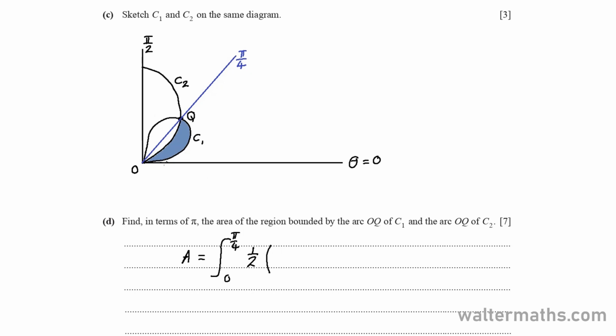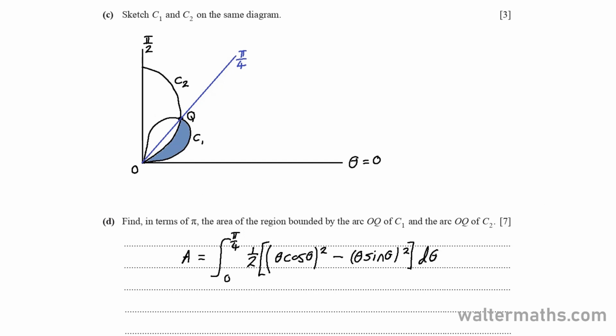So we are going to say area under C1 is theta cos theta, and that's going to be squared, minus area under C2, which is theta sine theta squared, with respect to theta. So I've just combined the two.